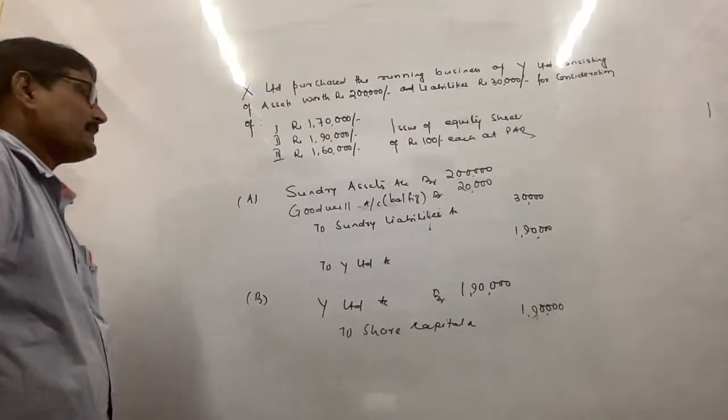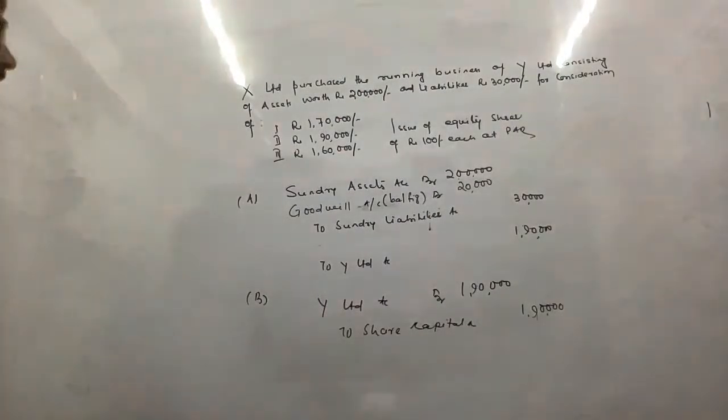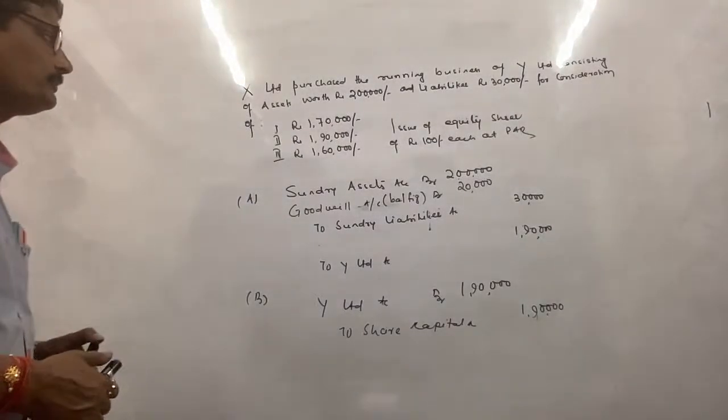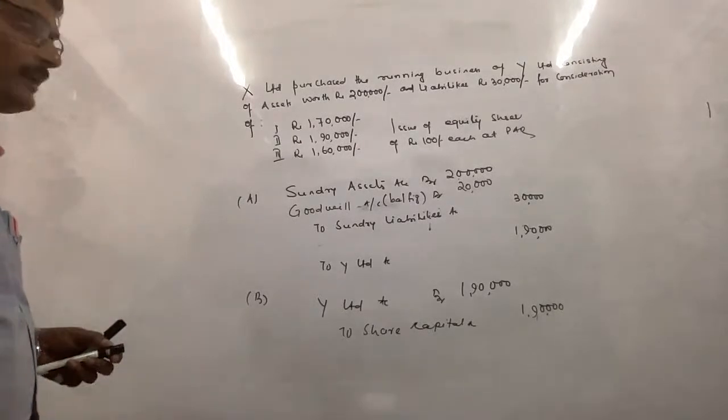In the third case, we are issuing only 1,60,000 worth of shares, means we are gaining.